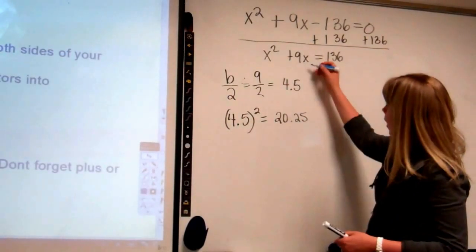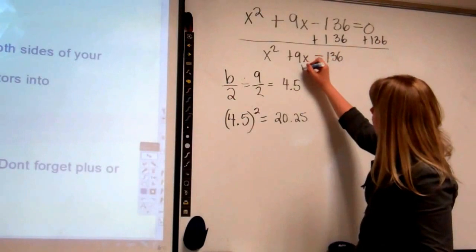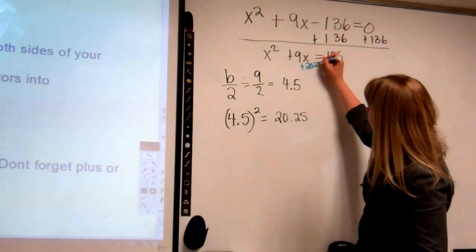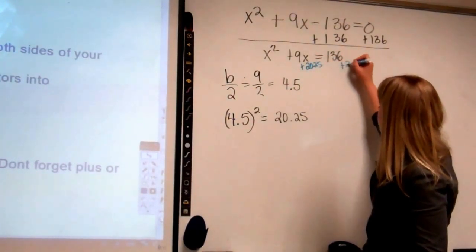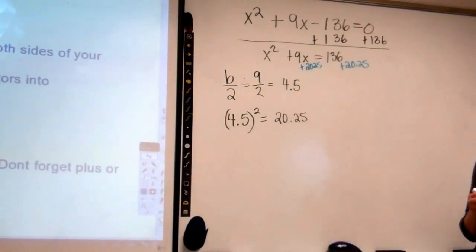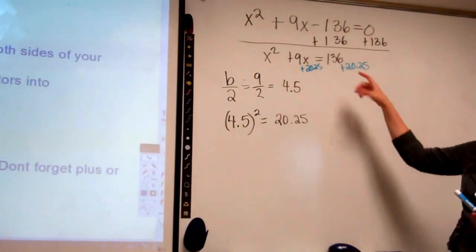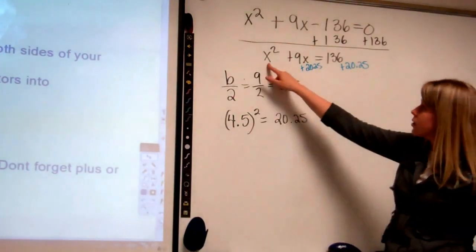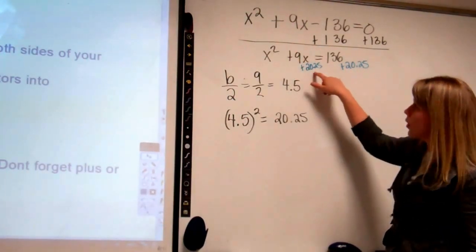So I'm going to take my equation, this one right here, and add 20.25 to both sides. That's step 3.